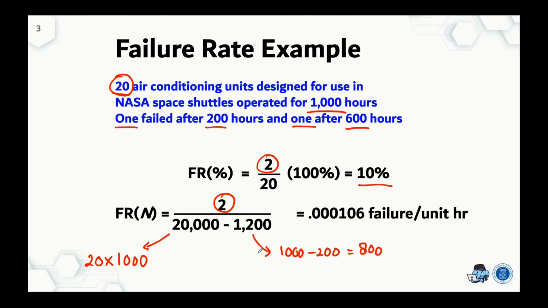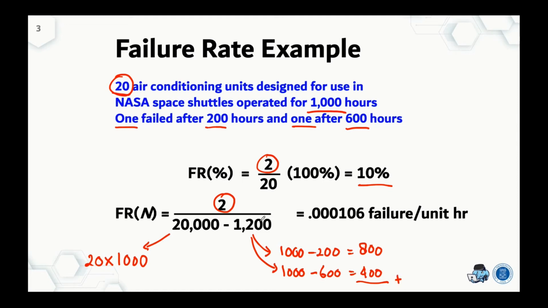And the other component fails at 600. So its non-productive time is 1000 minus 600, so it is equal to 400. In this case, when we sum up, we have this number.